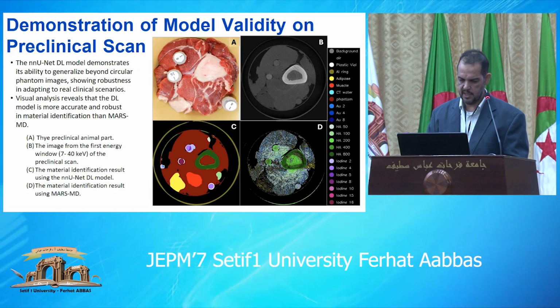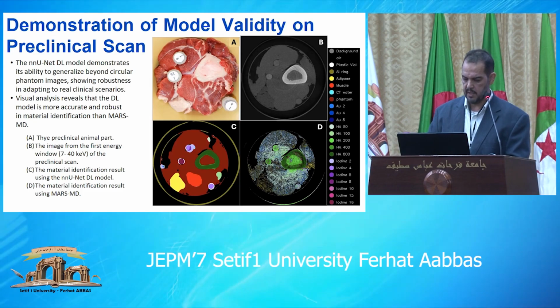Here, this is a steak that Abdarov obtained from a butcher, and he put in some iodine concentrations, and we collected CT images. You can see it contains muscle, fat, bone, and different iodine concentrations. This is the CT image, and this is the material identification image obtained using the NUNet.